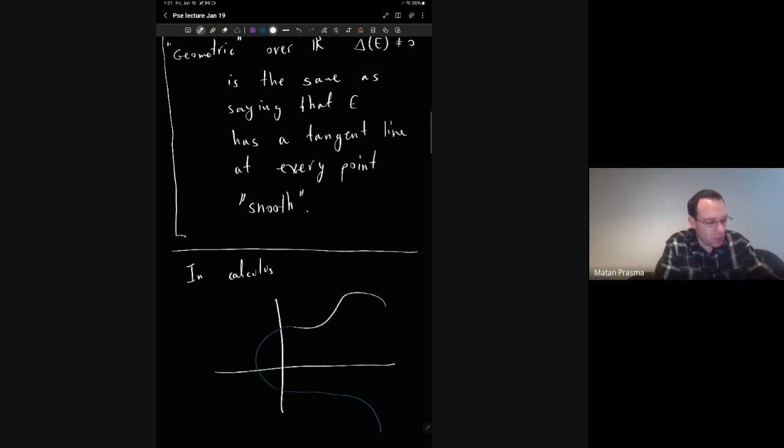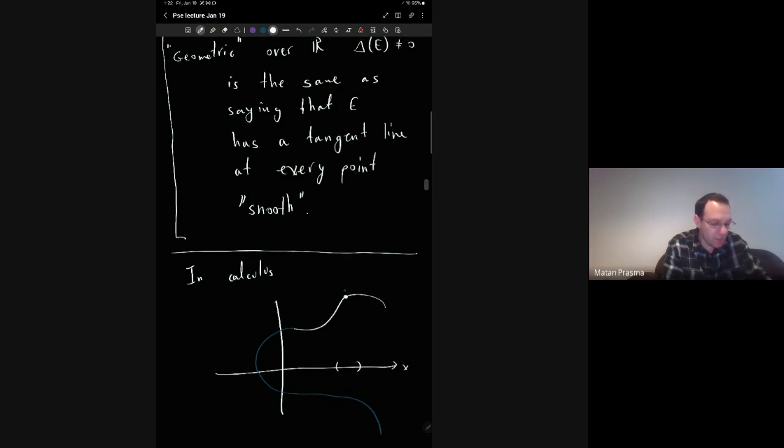But once you pick a point, the whole discussion is local in the sense that you can look at the graph of the resulting function over some small interval in the x-axis, below or above the point, and whether there is a derivative or not does not depend on the rest of the curve.